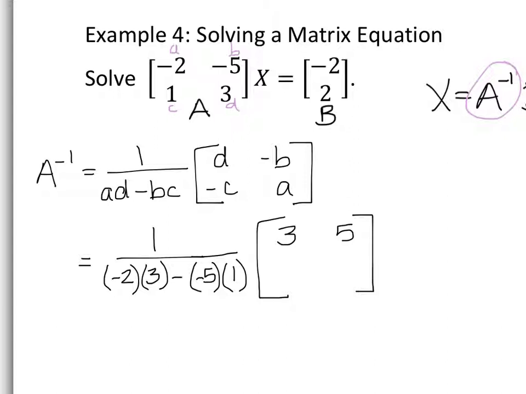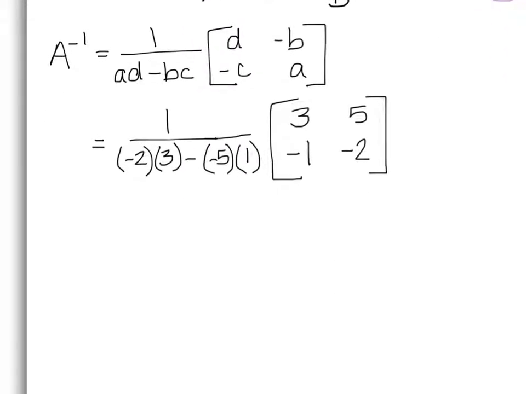It starts out positive, we need to make it negative, so it's negative 1. Good. What about A? It needs to stay the same sign as it was, so we'll make it negative 2. Okay, so let's simplify down here.